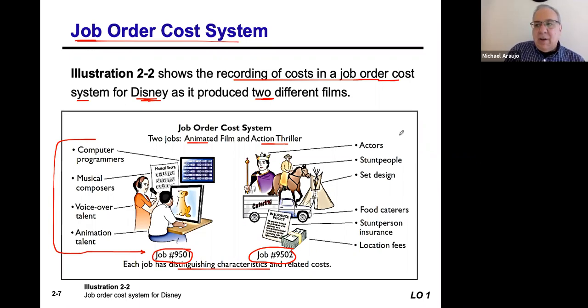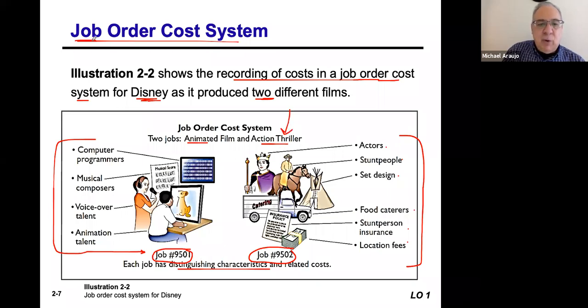The same on the other side here, where you have an action thriller, where you actually have actors and stunt folks, and you need sets and designs, and plus you need all the backstage type of stuff, location fees and insurance and all this other stuff. Each of these need to be looked at as cost specific to this particular film.